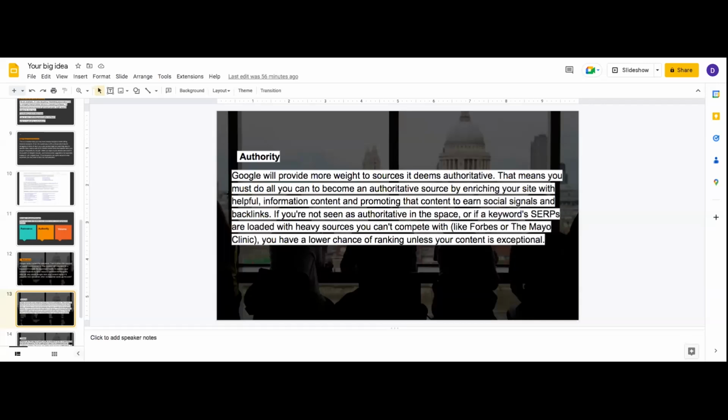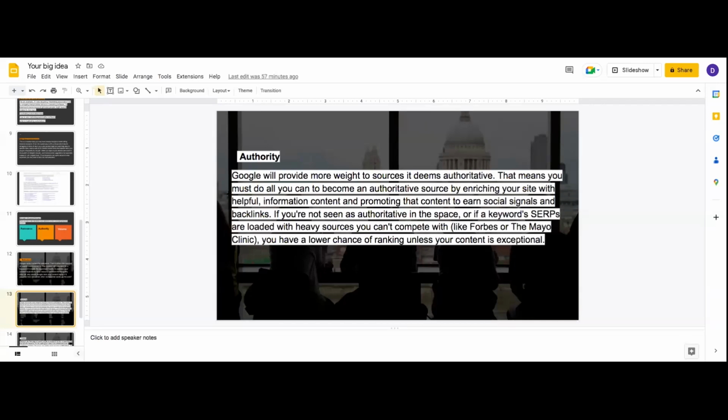Now, what the paragraph is trying to say in terms of authority is that we know Forbes so well. Forbes writes about finance, they write about business, and we know Mayo Clinic. Mayo Clinic writes about health. Now, it is very hard, and mostly very unlikely for us to beat them in search ranking and in terms of authority. Why is it very hard for us to beat them? Because almost everyone that writes for Forbes is an authority in that field.